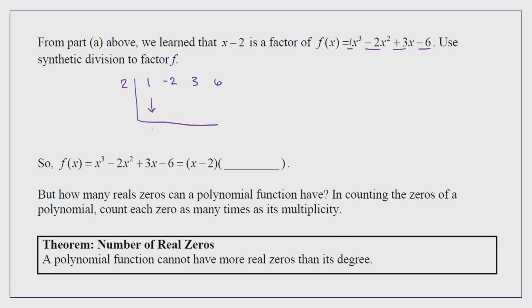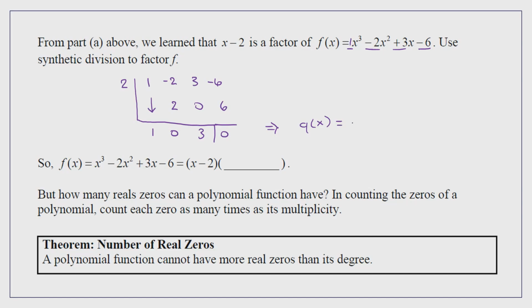And then we'll do the process of synthetic division. So we'll bring down the 1, multiply it by 2, then add it to -2, multiply it by 2, add it to 3, multiply it by 2, and then add it to -6. So this bottom row here is going to be our quotient. The last value, which here is 0, is going to be our remainder.